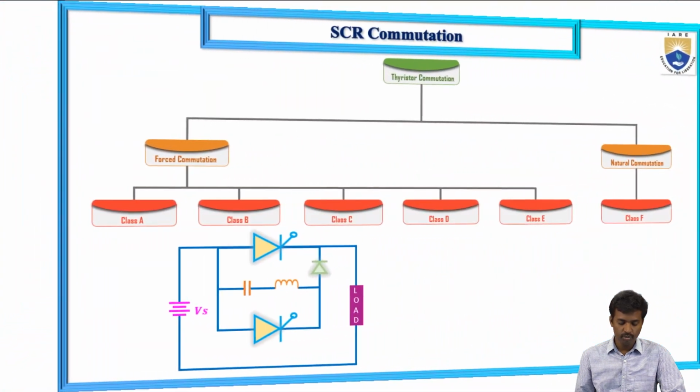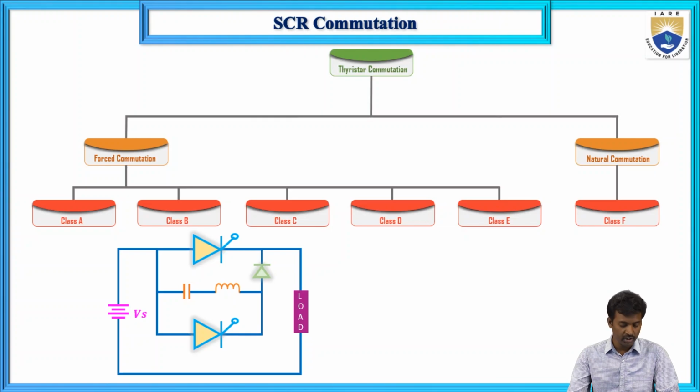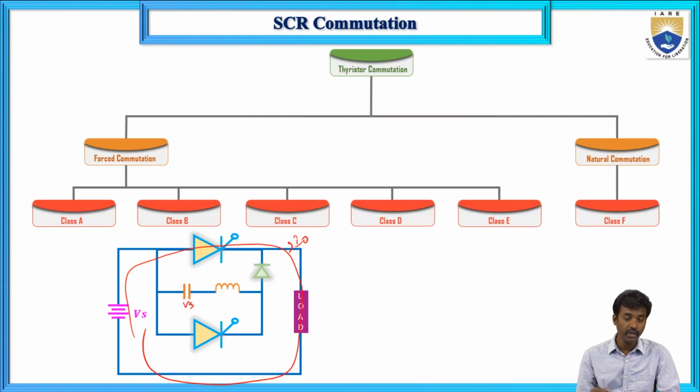And next, class B commutation. In the class B commutation, first current flows through T1. Here the load current is constant I0, and the capacitor voltage initially charges to Vs. The LC circuit is resonating in nature. First current flows in this direction when T1 is turned on.